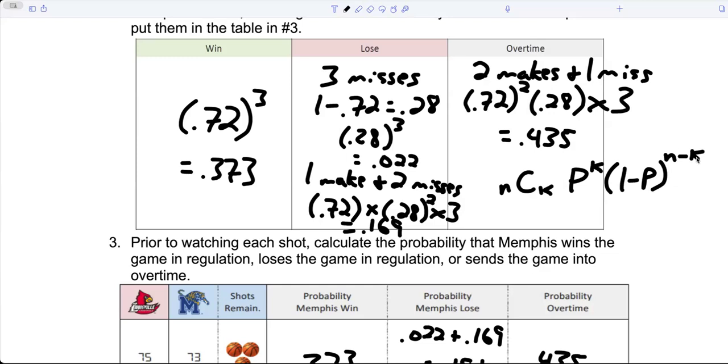And so let me fill in what these are. This is the total shots, n. This k is the number of makes. This p raised to the k is the probability that he makes the shot.